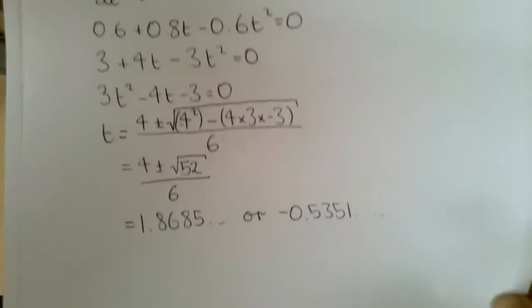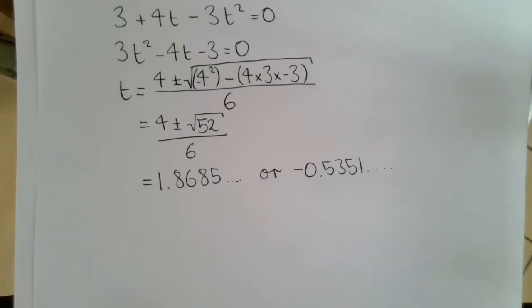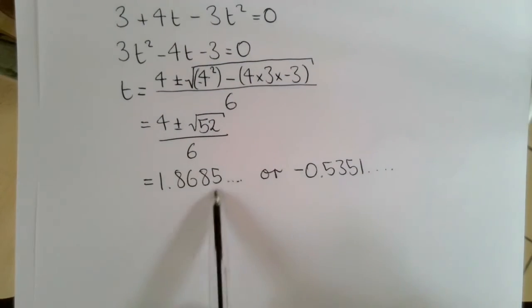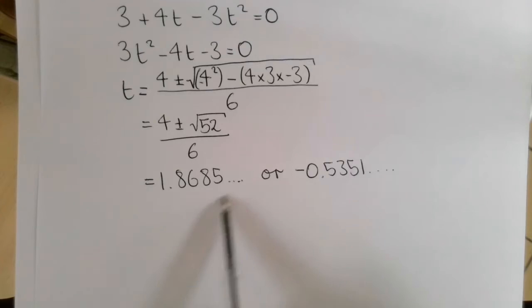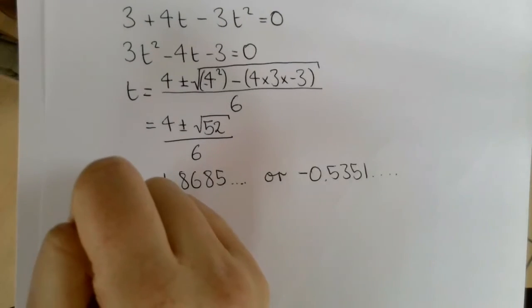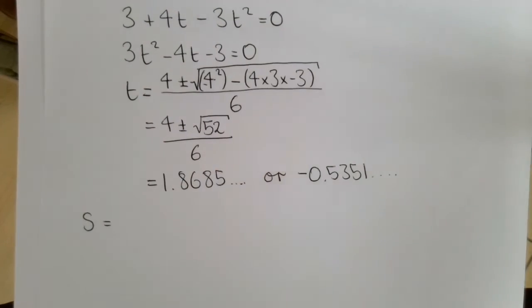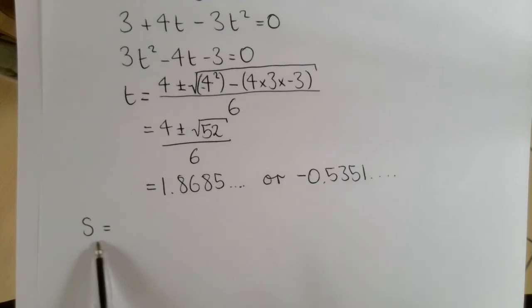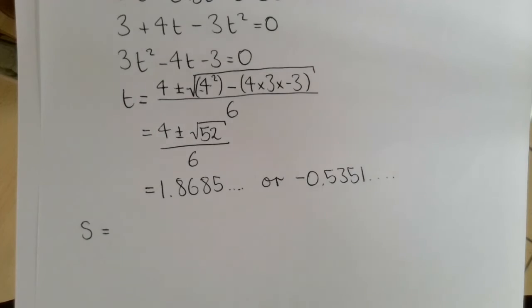Now we know t is time, so it's got to be positive. So we're going to take this value here. So at this time, our distance is at its maximum point. So we need to then find that distance. So we're going to substitute this value of t into our equation of the distance of the yo-yo from the child.